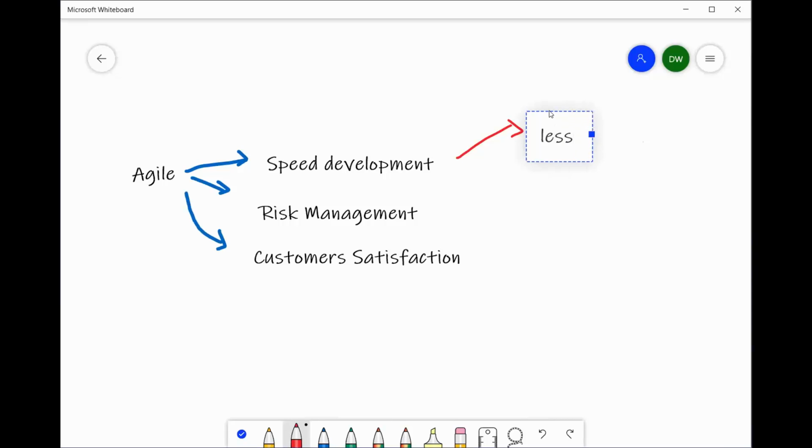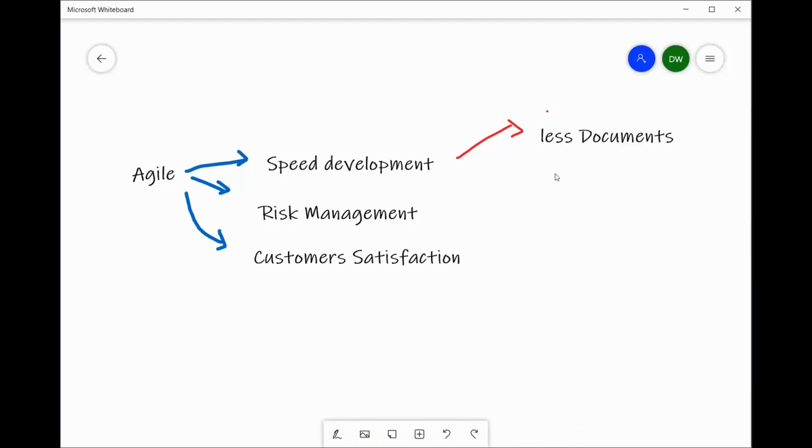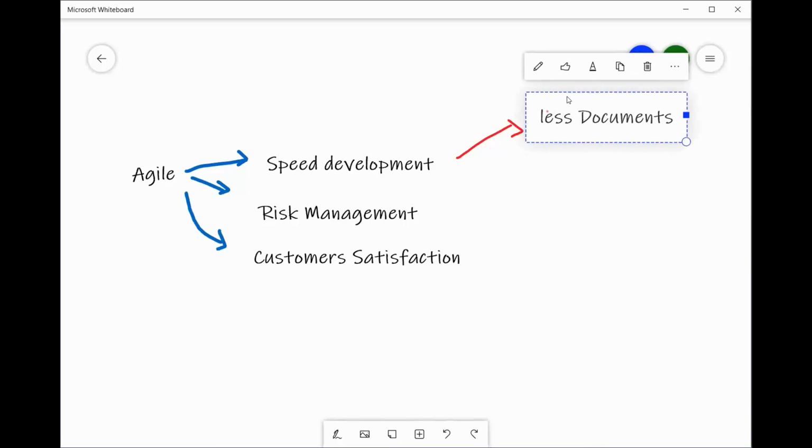So here the development team will use fewer documents compared with some other software development methodologies and models. Fewer documents means you do not have to spend more time on that. Therefore, the remaining time will be effectively used for your software development process, right?